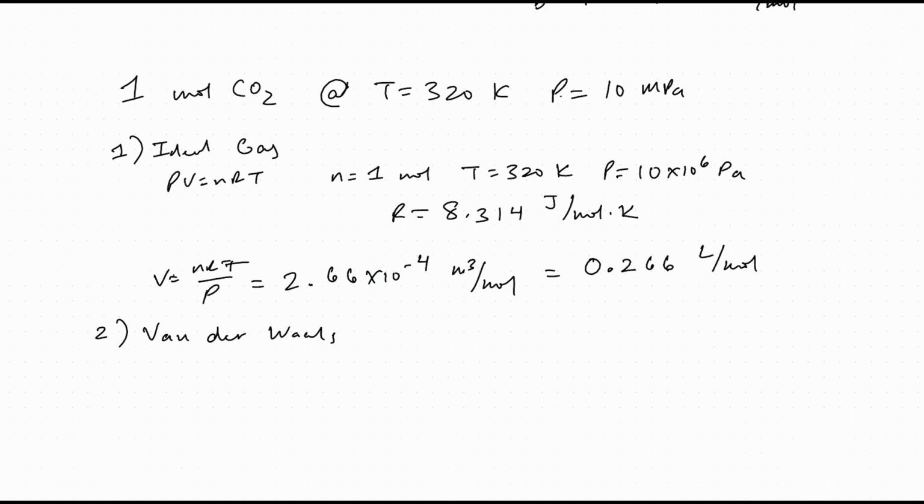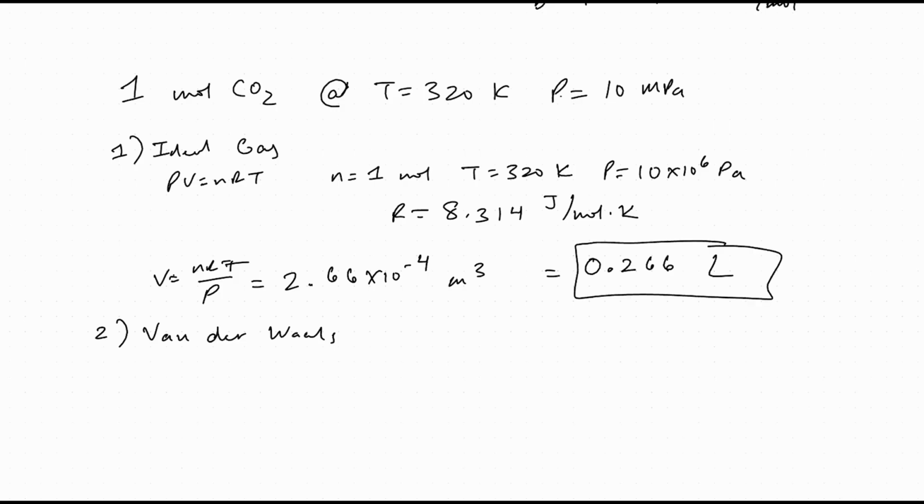Sorry, I automatically put this into specific volume. This is meters cubed and liters, right? Obviously, because we have one mole, this is per mole, but let's use the units that were here. We're solving for volume here, so we have 0.266 liters. So that is our final volume for 1 mole of CO2.